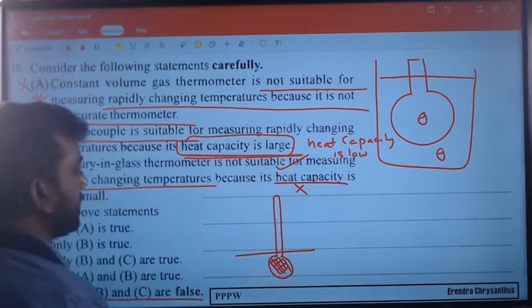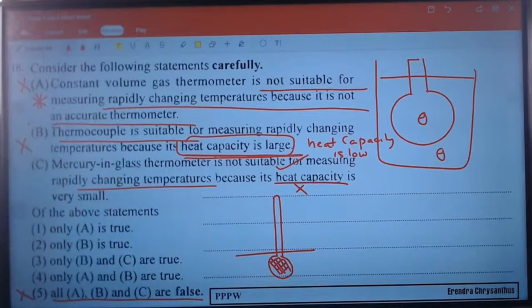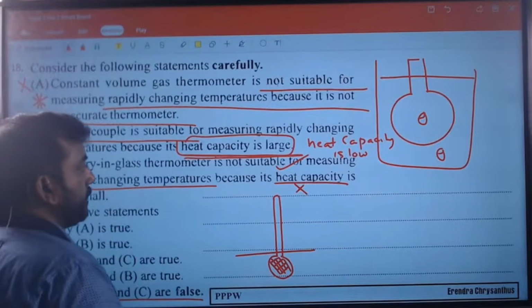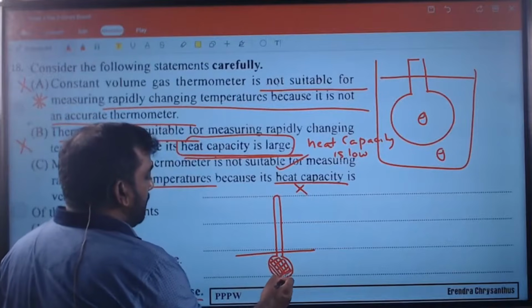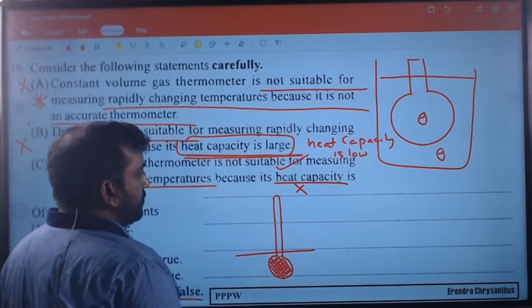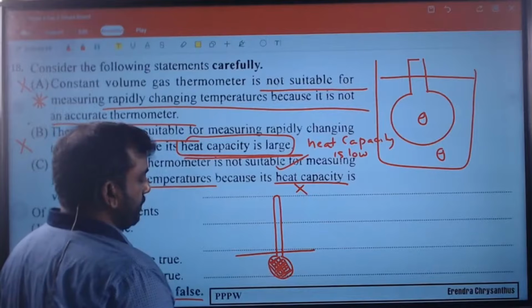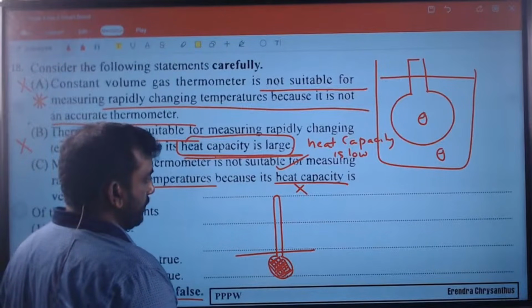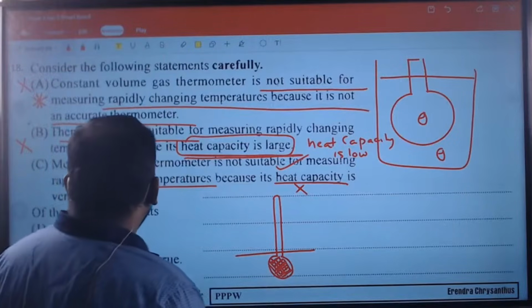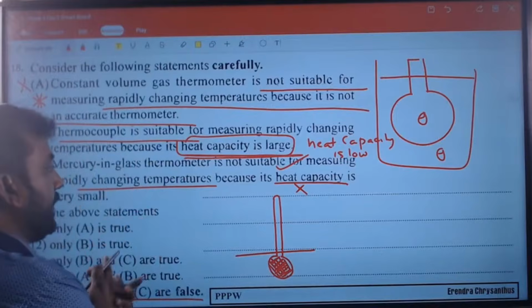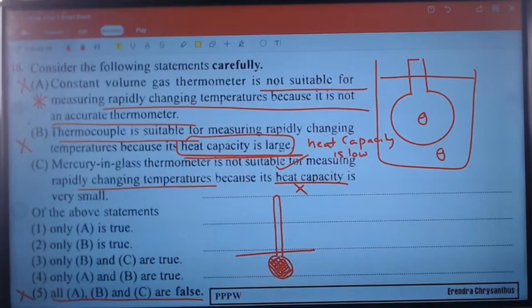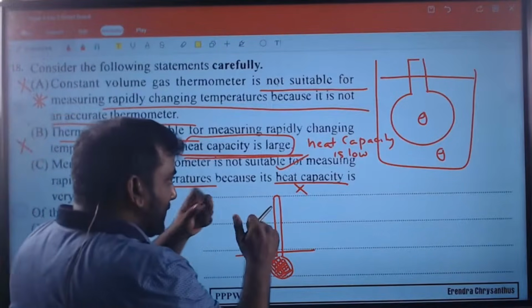Cannot measure rapidly changing temperatures because the bulb should be fully submerged in the liquid and, due to its sensitivity, it will take some time to give us the reading.